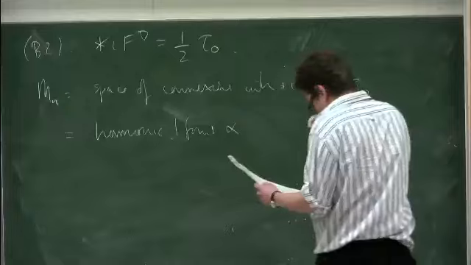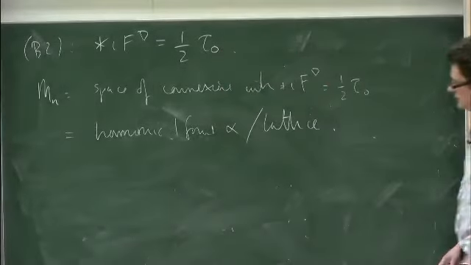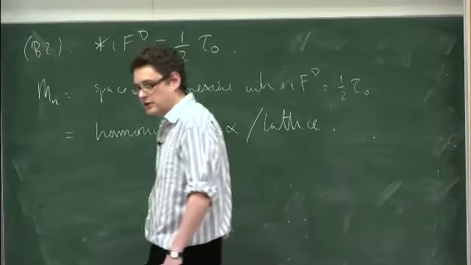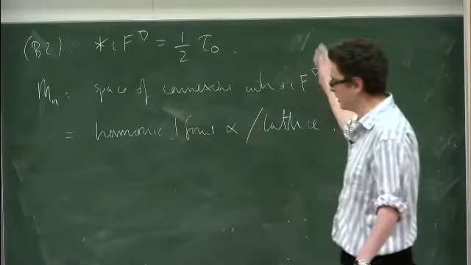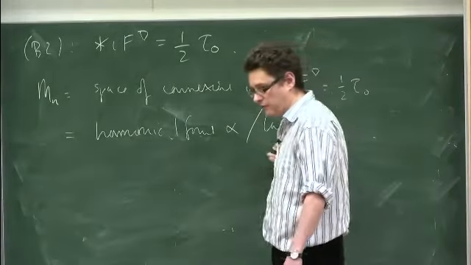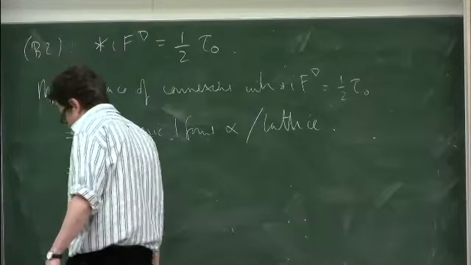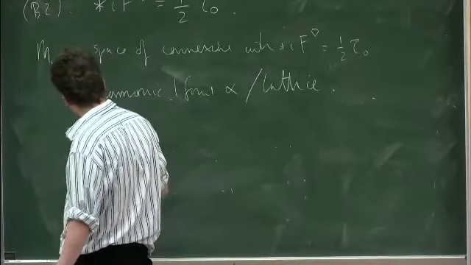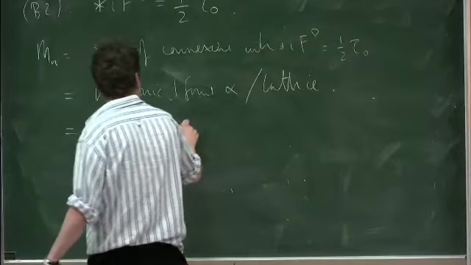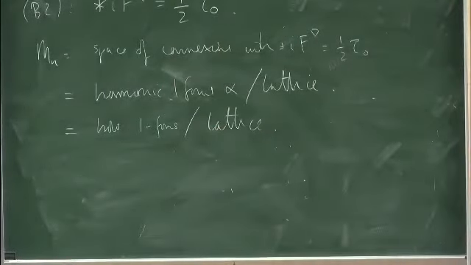Alpha modulo a lattice. This lattice consists of harmonic one-forms whose associated connections have completely trivial holonomy. Because remember, we still have to mod out by the action of the gauge group. We've got rid of some of the gauge group, but we haven't got rid of all of it. Harmonic one-forms are uniquely specified by holomorphic one-forms: just take the real part of the holomorphic form, and you get a harmonic form.